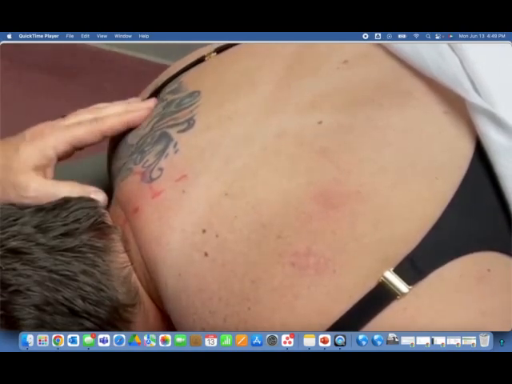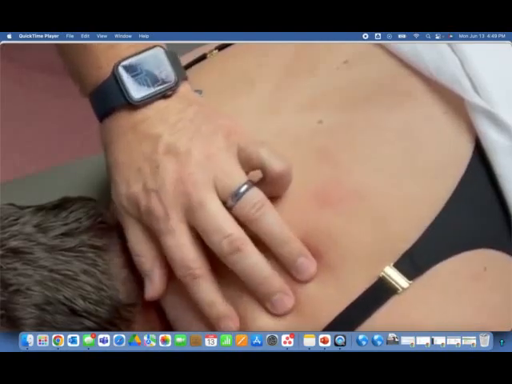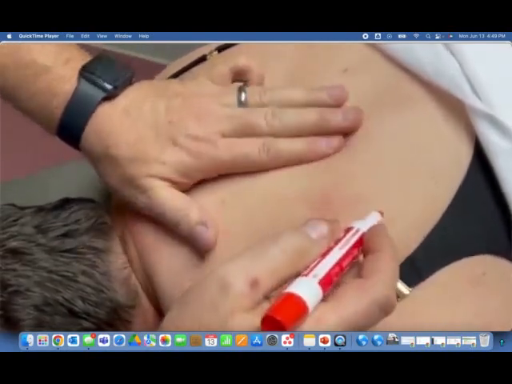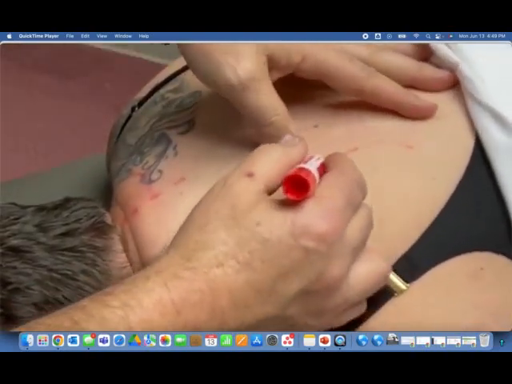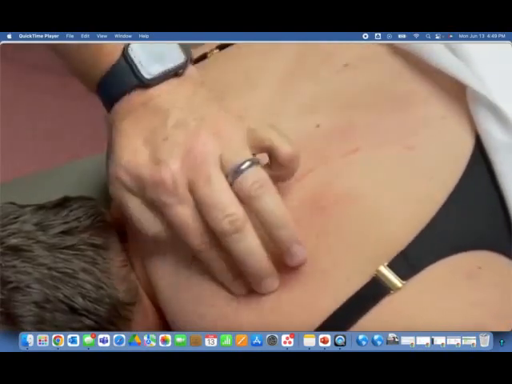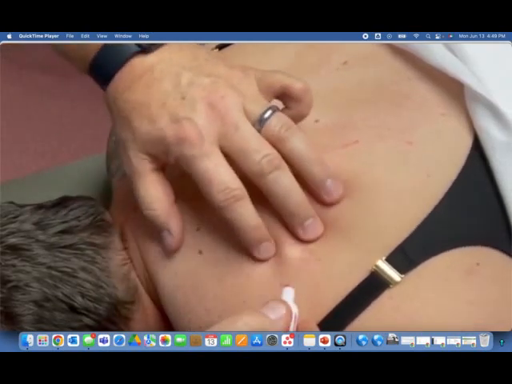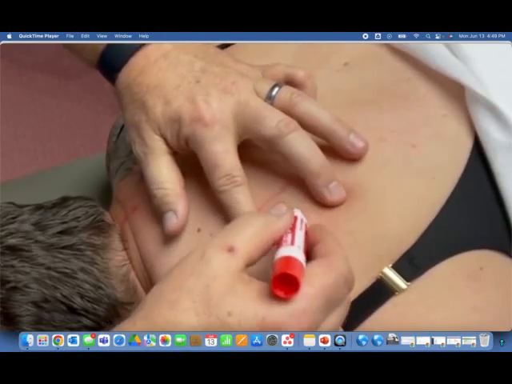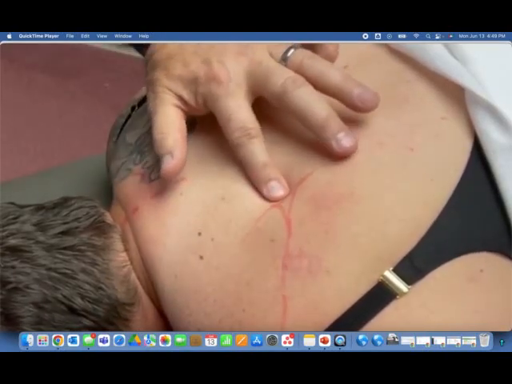I want to find the spine of the scapula. I'll use this one over here. So here is my medial scapular border coming here. The spine of the scapula is going to travel along this direction. I'm going to carry that all the way to what I'll term the root of the spine of the scapula.